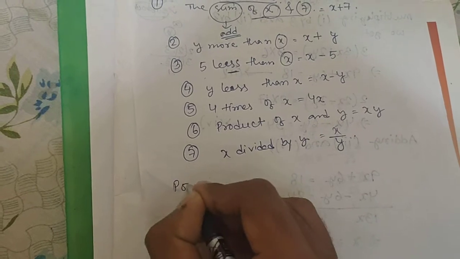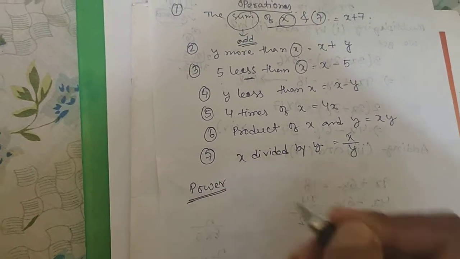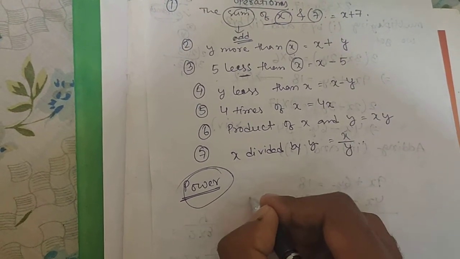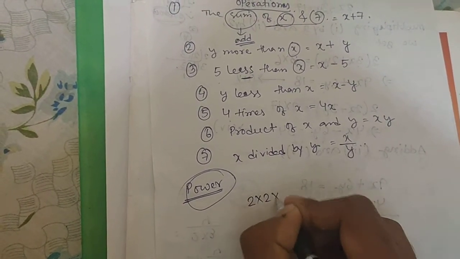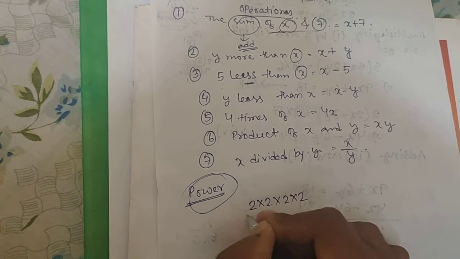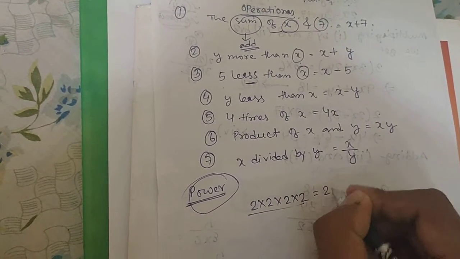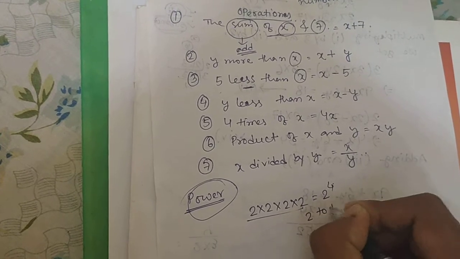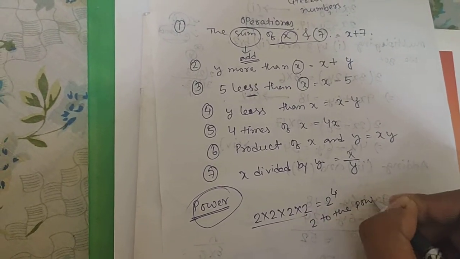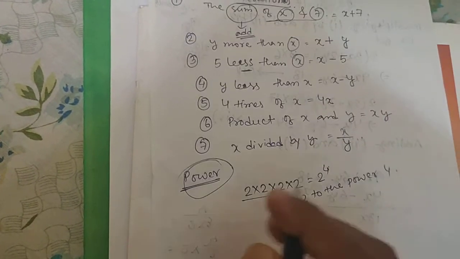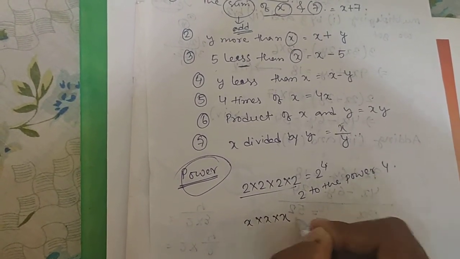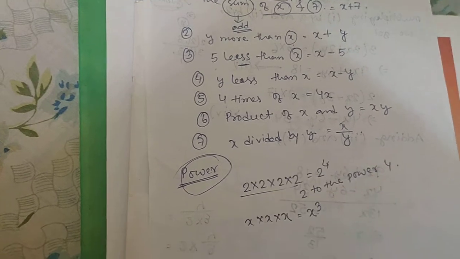Now power. What is the meaning of power? Suppose we are multiplying the same number 4 times, then we call it 2 to the power 4. If there is written x, which means x to the power 3.